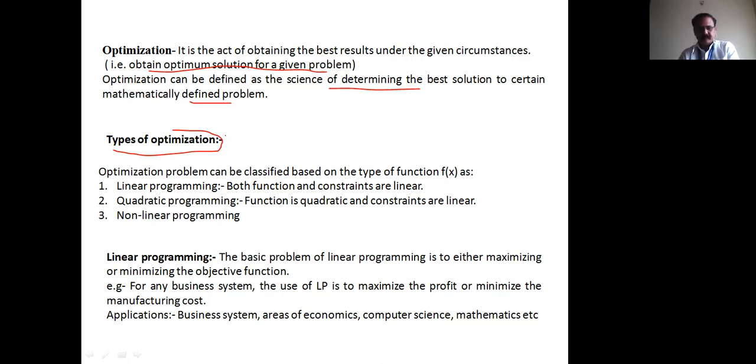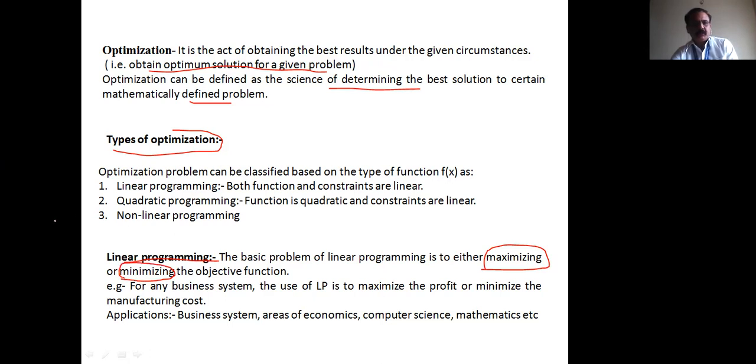In that, first is linear programming. What is linear programming and where it is used? The basic problem of linear programming is to either maximize or minimize the, this is important, maximize or minimize the objective function.